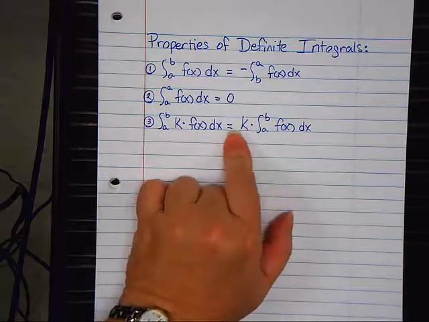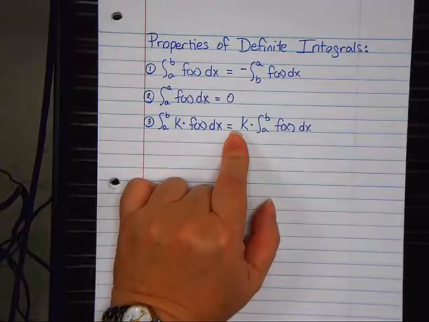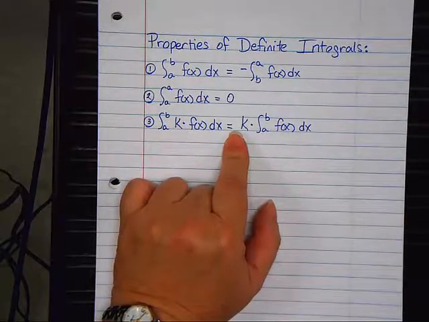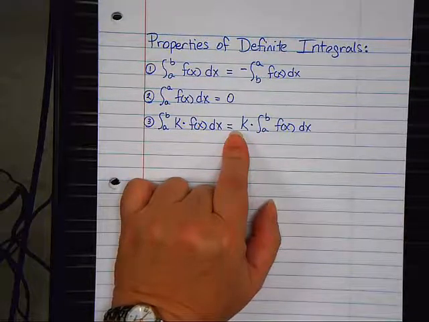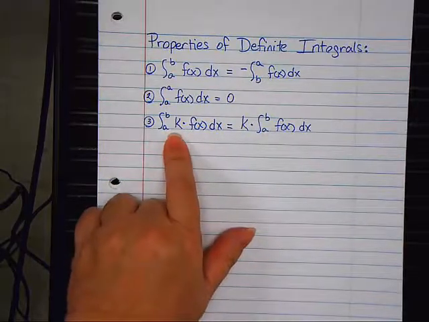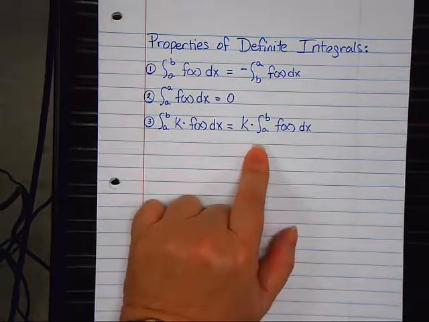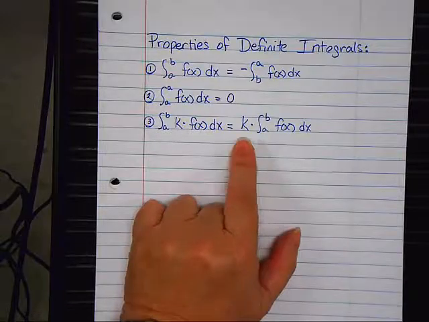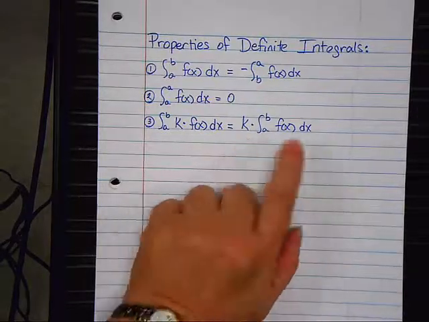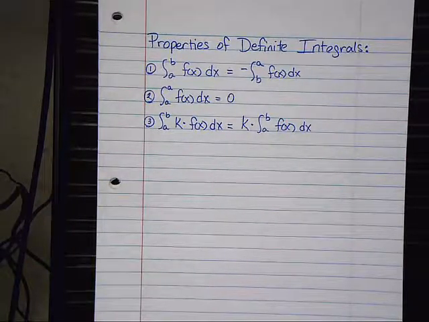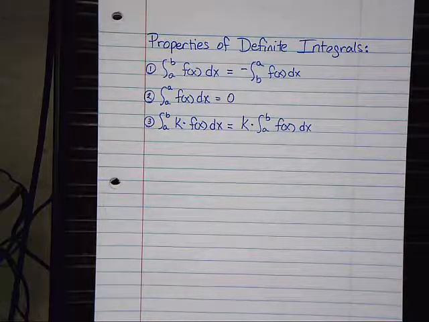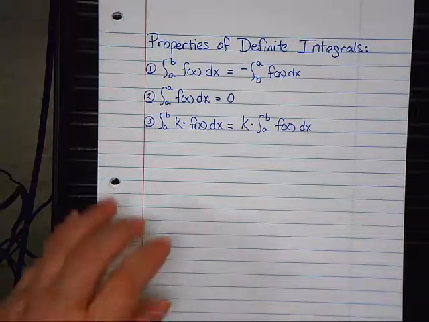I just slid that k out of the integral, and guess what? You're allowed to do that. Because I told you that constants just sit there, it can sit inside the integral, or it can sit outside the integral. It doesn't matter. Okay? So if that constant is in your way, pull it out of the integral. But it only works for constants. It doesn't work for x's. File that away, because later on you're going to want to pull x's out of integrals, and you can't do it. Can't do it. Okay?